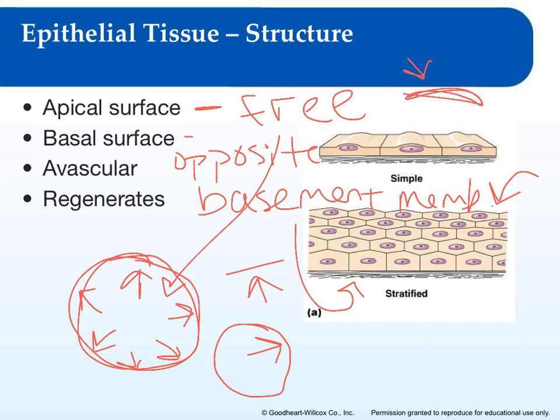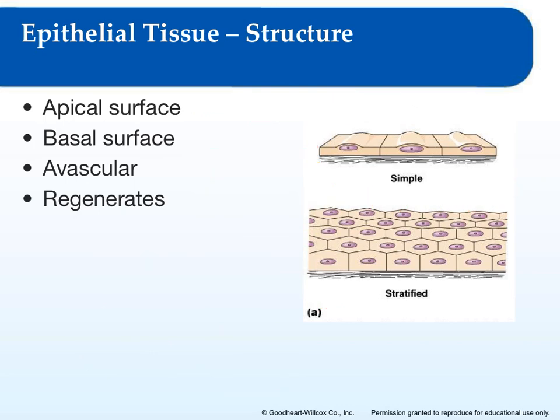Okay? Because remember, these cells are on a free surface, which means things are going to cross over them most likely. Some other characteristics of epithelial cells in general is that they are going to be closely packed together. Okay? You'll see how there's no gaps in these cells. These cells are all nice and close together.